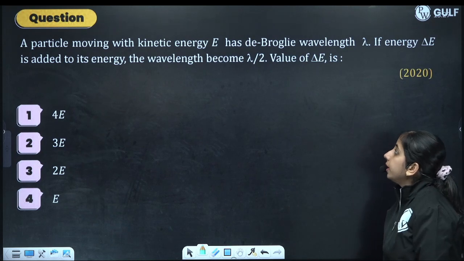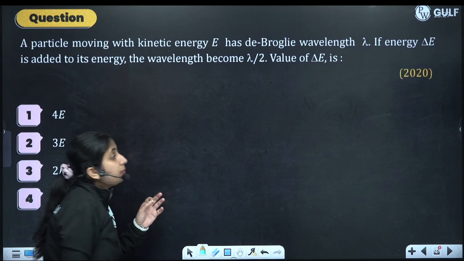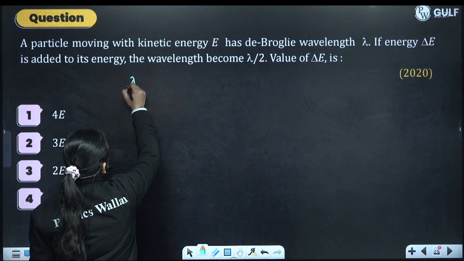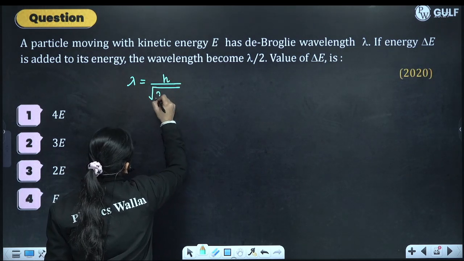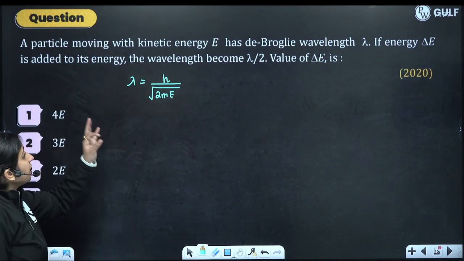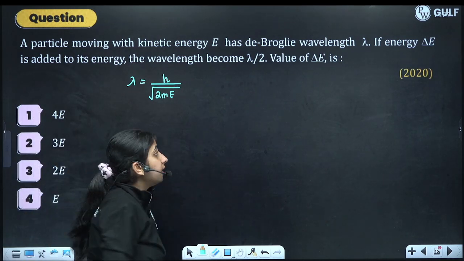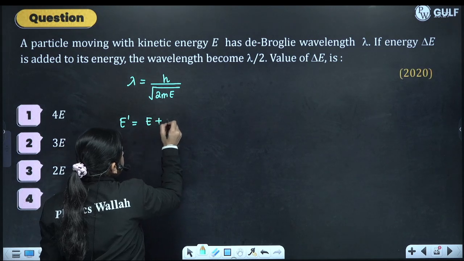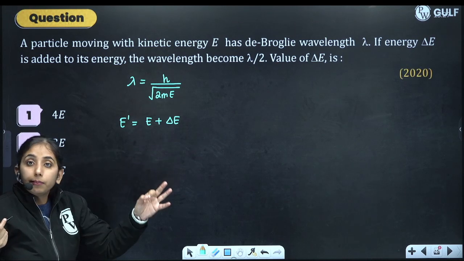See next question. A particle is moving with kinetic energy E, okay, has a de Broglie wavelength lambda. If a particle is moving with kinetic energy E, so de Broglie wavelength will be h by under root 2mE. If energy delta E is added to its energy, now the final energy will be E plus delta E. The wavelength becomes lambda by 2.